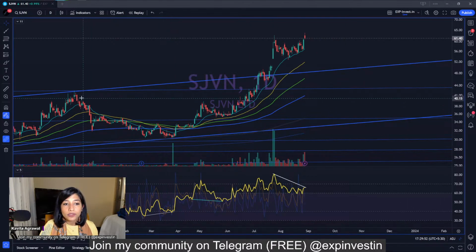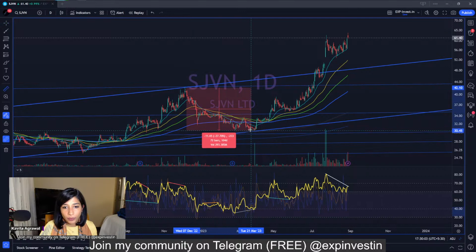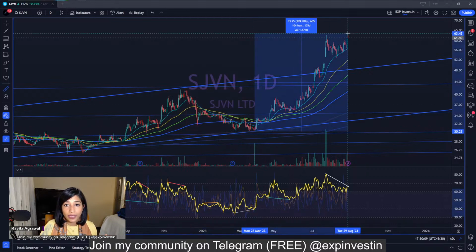The problem is that here you can clearly see that the price has gone away from all its moving averages. So look at this point in December 22. If you had entered at the top, you would have to endure a 27% decline in your price before you experience the multi-bagger return.